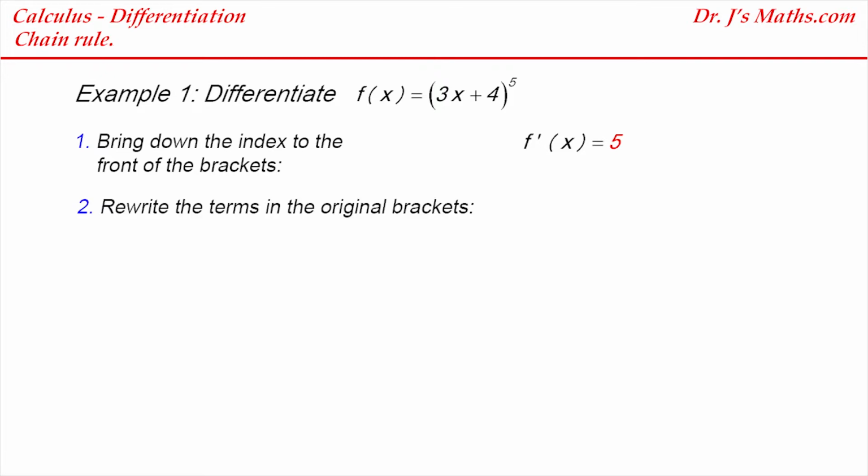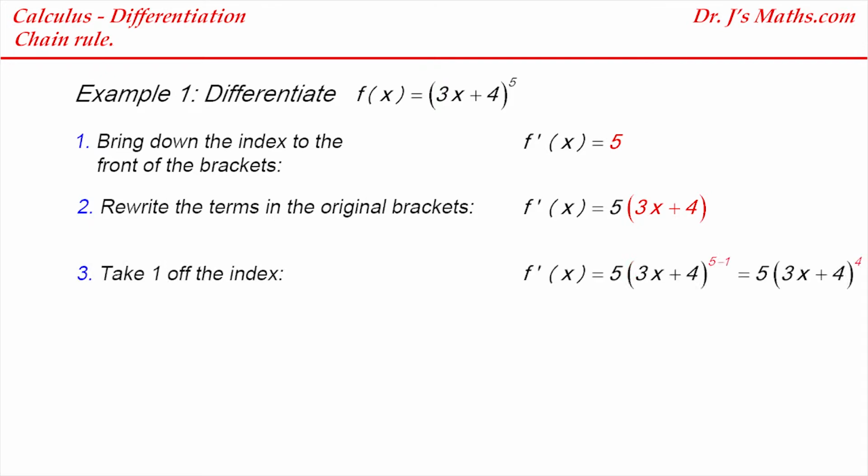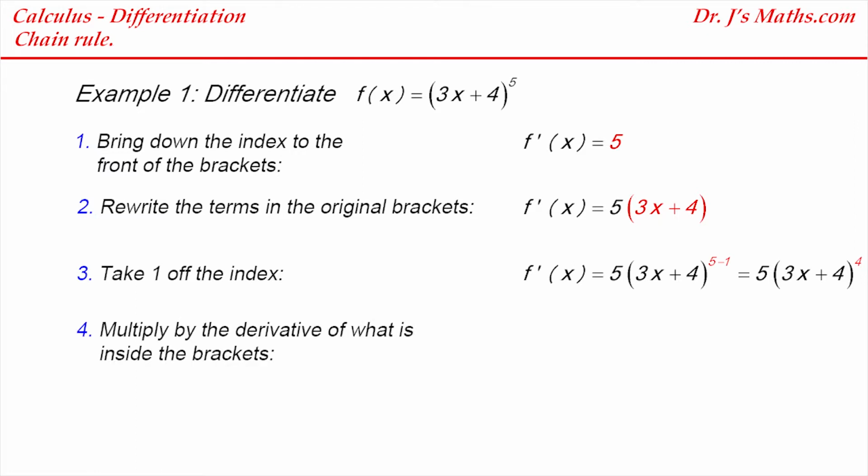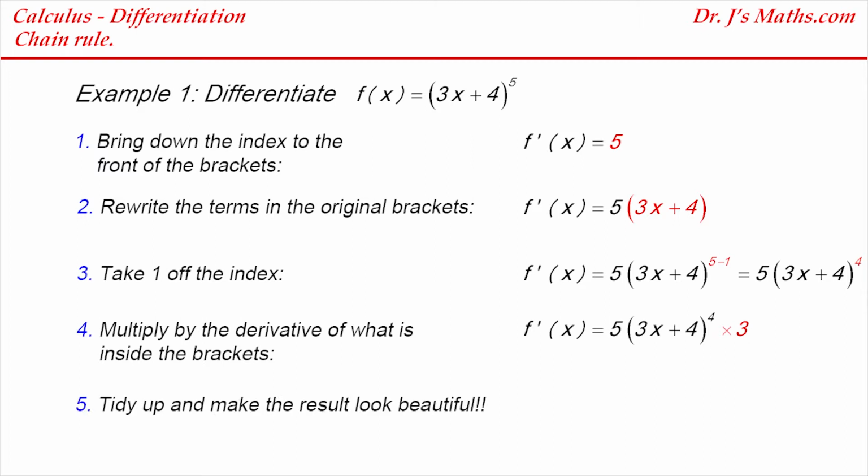Rewrite the terms in the original brackets, so bracket 3x plus 4. Take 1 off the index, so we have 5 minus 1 for the index, which of course is 4. Multiply these brackets by the derivative of what's inside the brackets. So we have 3x plus 4 inside the brackets, the derivative of that is just 3, and then tidy up and make the result look beautiful.